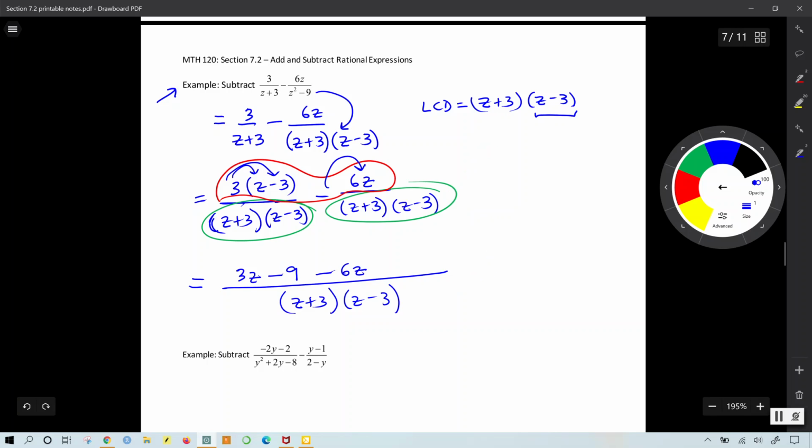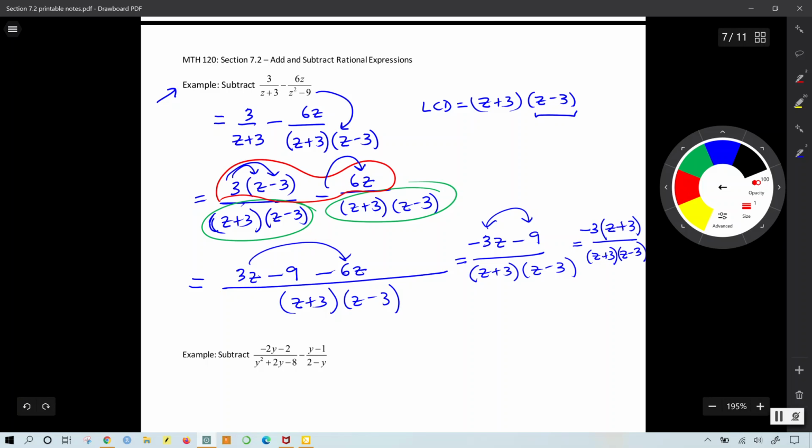And with that said, 3z minus 6z is negative 3z, then minus 9, divided by z plus 3 times z minus 3. Can we factor anything from these two? The correct answer is yes. We can factor negative 3, z plus 3 divided by z plus 3 times z minus 3. So this cancels this, and so the final answer is negative 3 all over z minus 3.